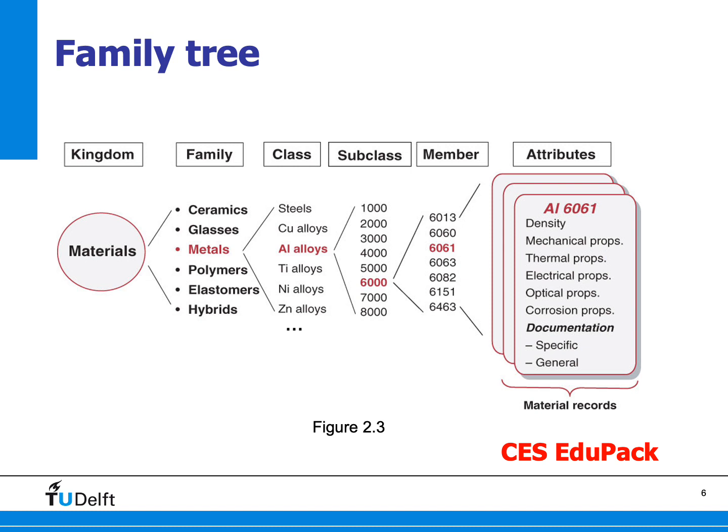Within a subclass, for example the 6000 series of aluminum alloys, we can find different members, for example the 6061 alloy of aluminum. And the accompanying software package, Ansys Granta EduPack, contains a lot of information about the properties of all these materials. If you click on an aluminum 6061 alloy, you will find all of its mechanical properties and a lot of sustainability properties. So that's a very handy database.